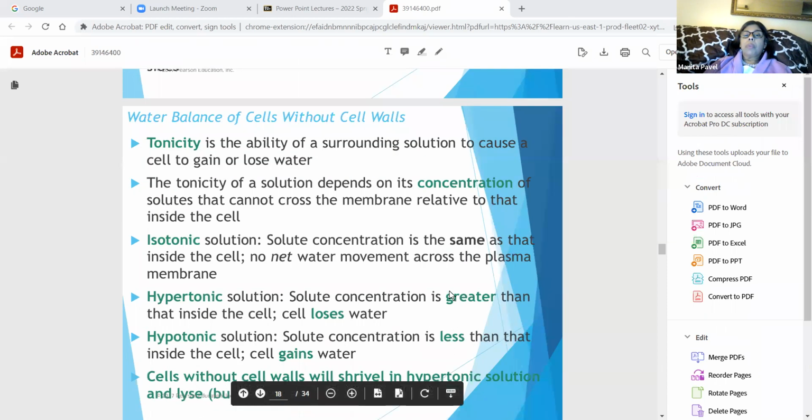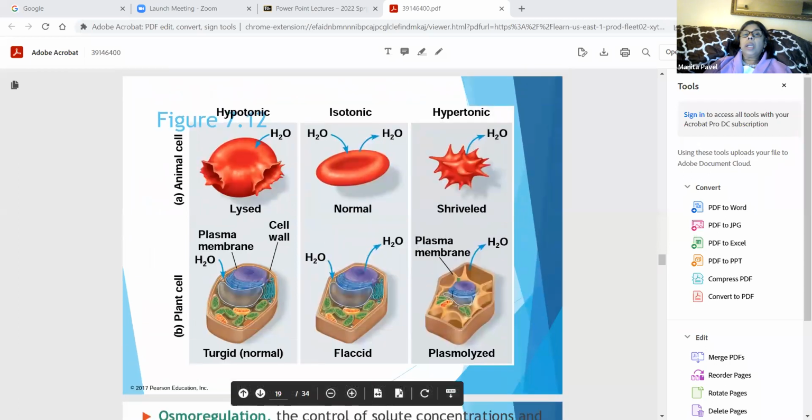I'm going to go to the illustration here so that we can understand it better. So these are the three different types of solutions: isotonic, hypotonic, hypertonic. I'm going to give you the Greek derivatives of each of these types of solutions. We see this is exactly happening to the red blood cells within our bodies, the RBCs.